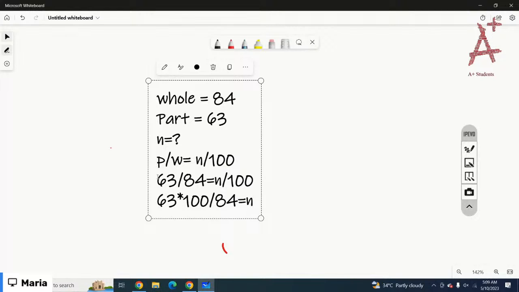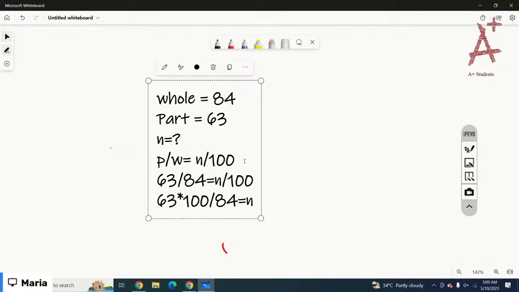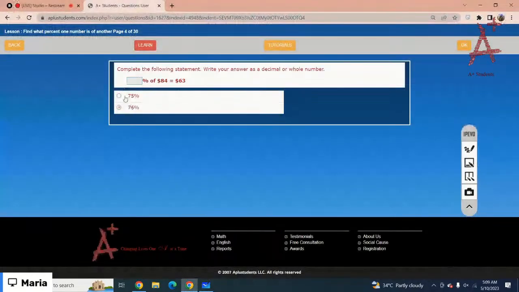That means 63 is 75% of 84. So n equals 75%. That means n equals 75. So the correct option is 75.